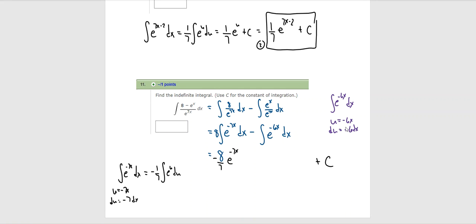We don't have that negative 6, so it comes to the other side in the form of a negative 1/6. Negative 1/6 integral of e to the u du. So I'll have e to the u plus C. And we're going to just put a big old giant circle around this whole thing.